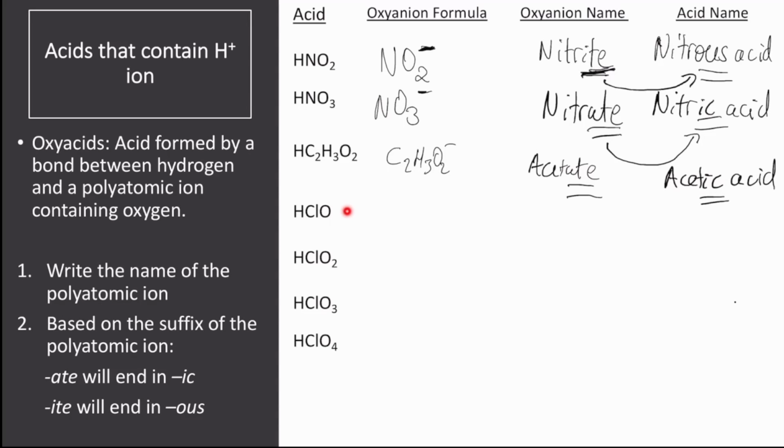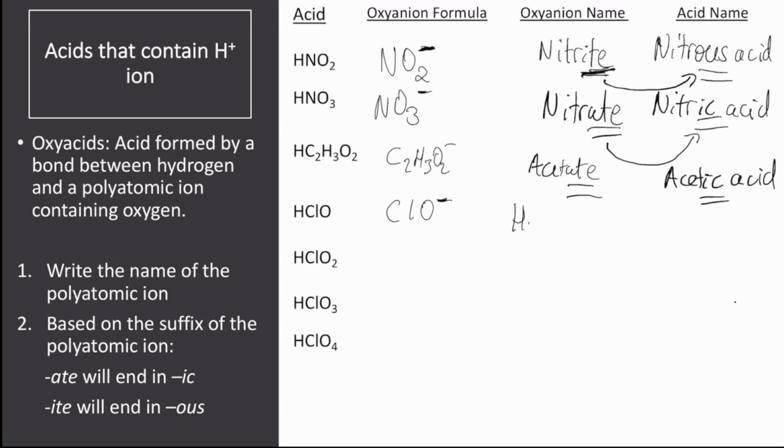Okay, then we have different types of oxyanions with 4 different oxidation states for chlorine. The way we write these is the same, but we need to be careful with the prefix and the suffix of the oxyanion name. So let me show you. For the first one, we have ClO with a minus charge.